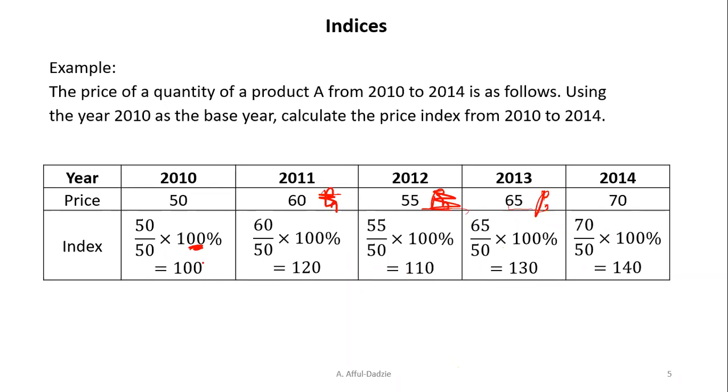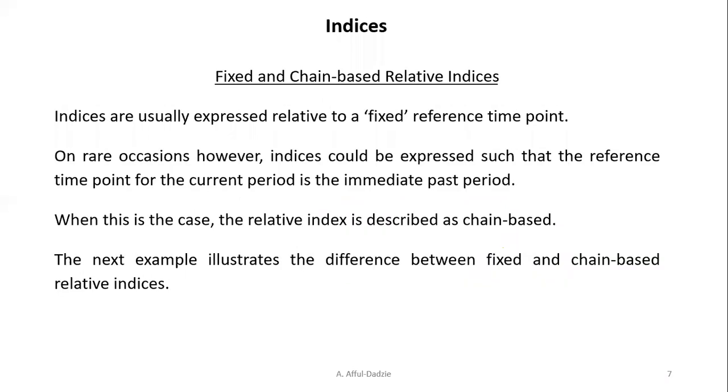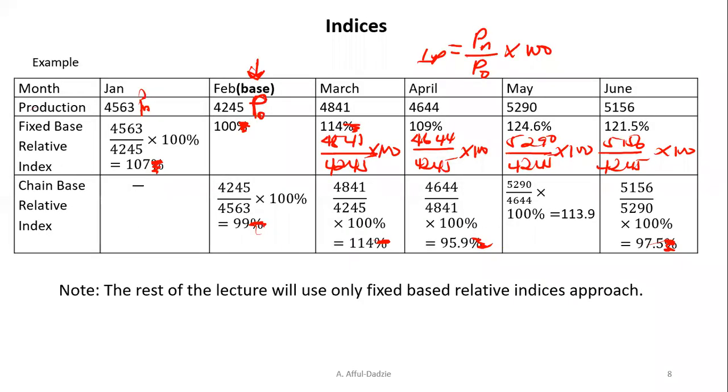So what I was doing at first was just to find the percentage difference between something happening at certain points. But for index numbers, we are stating it in index number form, and so we are not interested in the percentage difference. Okay. Thank you.